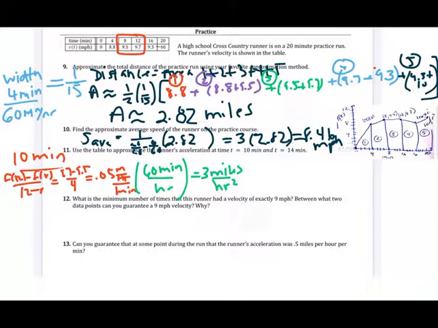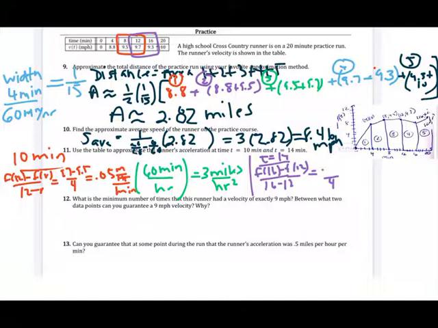We're going to do the same basic process for when t equals 14. When t equals 14, we're looking at what's happening between 12 and 16. So f of 16 minus f of 12 over 16 minus 12, which is over 4. F of 16 is 9.3 and f of 12 is 9.7.